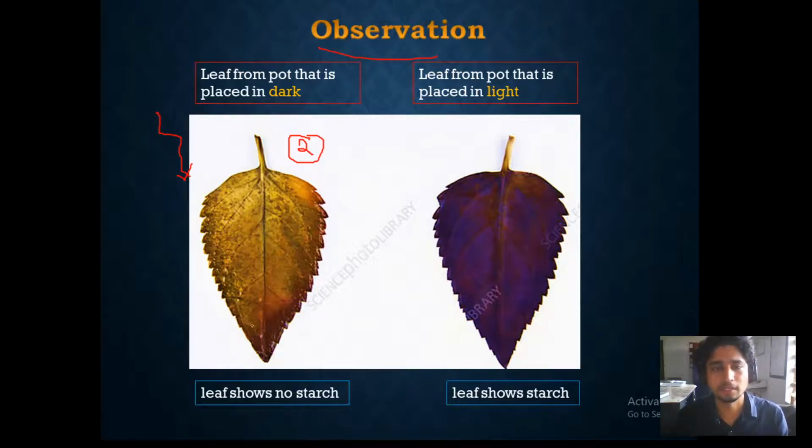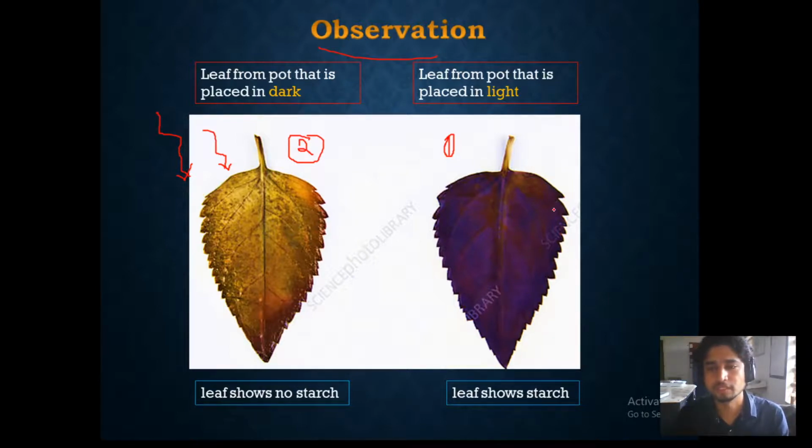So this experiment clearly tells us that plants require sunlight, they require light energy for photosynthesis. On the other hand, part 1, which was kept in the light continuously, shows a clear distinct difference: it is completely blue and has a lot of starch. A lot of starch can be identified by the blue coloration.